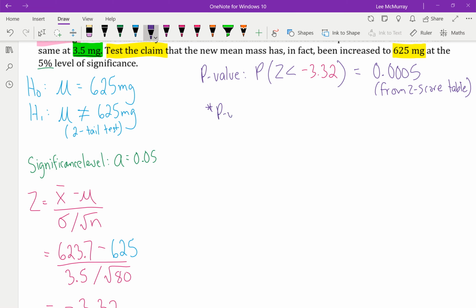But the p-value in this case must be doubled, because we have a two-tailed test. So anytime you look up the probability value from the z-score table, the p-value is going to be doubled before we can do any comparisons to the significance level.